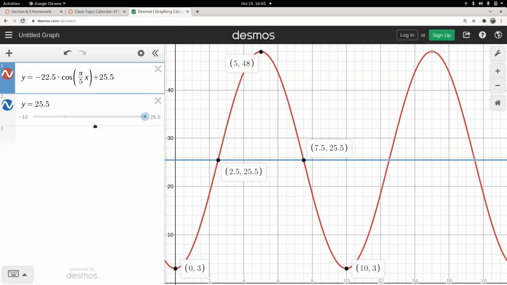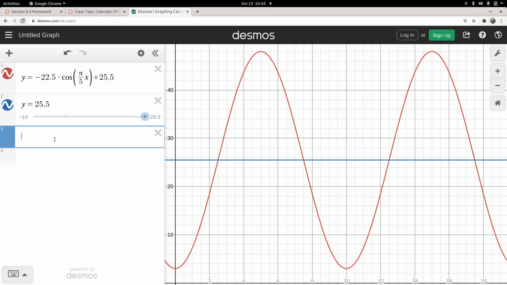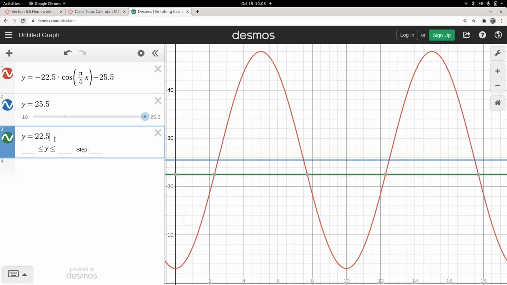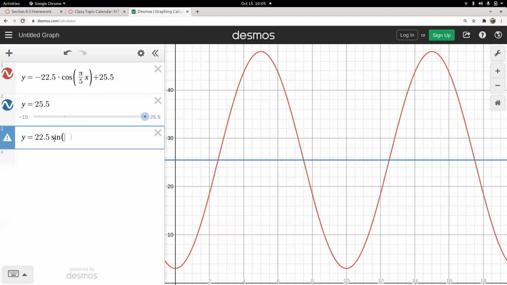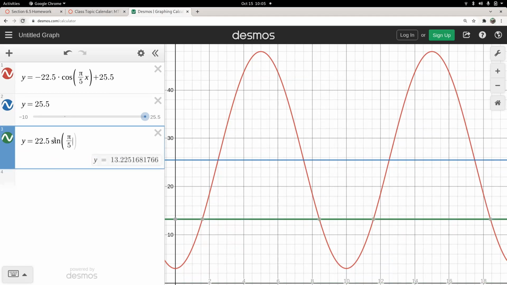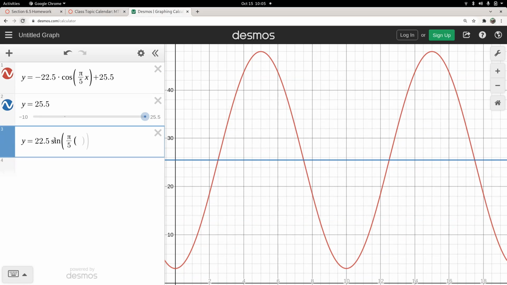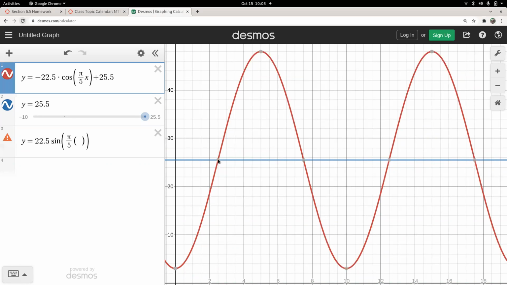So alternately, we could do, well, I suppose I wanted the sine for this. 22.5 is still the amplitude. Period adjustment is still pi over 5. But we would have parentheses. We have to shift for the sine. We'd want to shift that midpoint of the sine over 2.5.